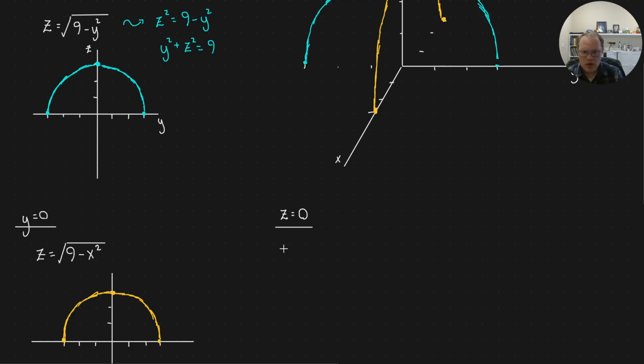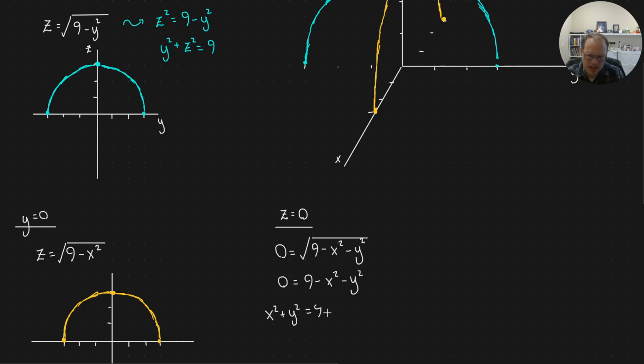Okay? So if I do z equals 0, that's 0 equals the square root of 9 minus x squared minus y squared. To plot this, I'm going to go ahead and square both sides. I get 0 equals 9 minus x squared minus y squared. Add x squared and y squared to the other side.